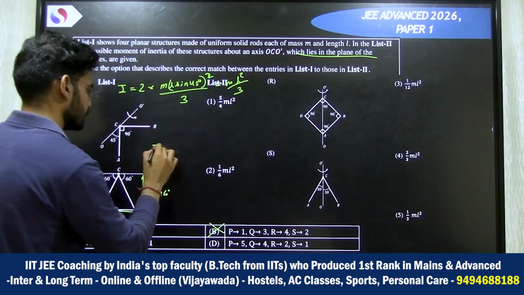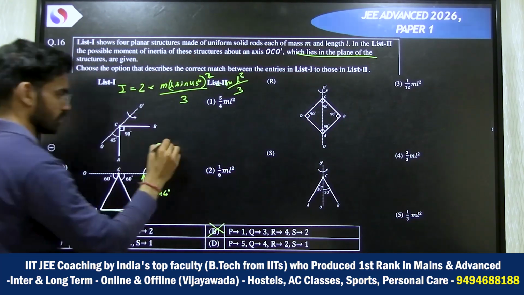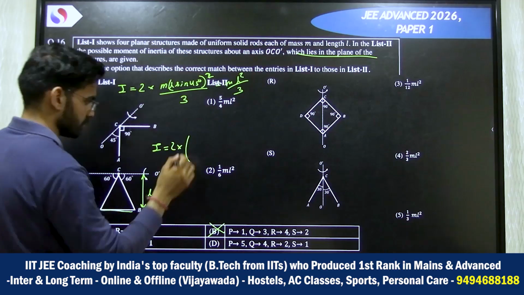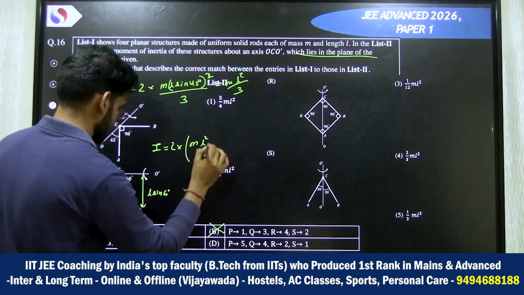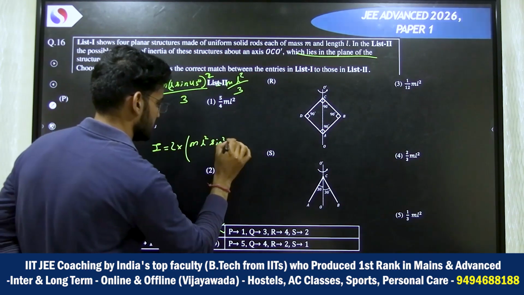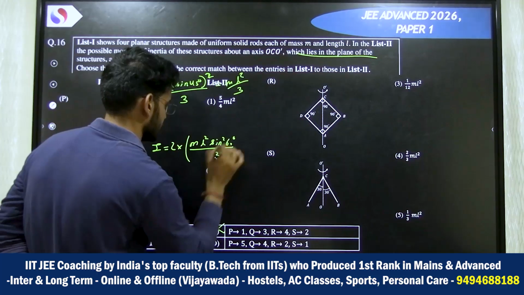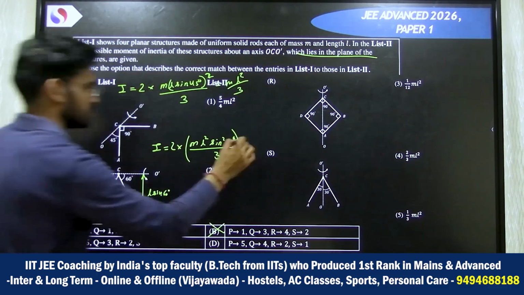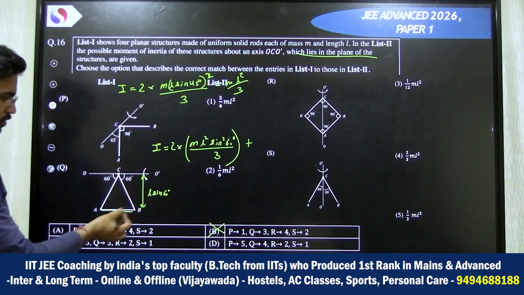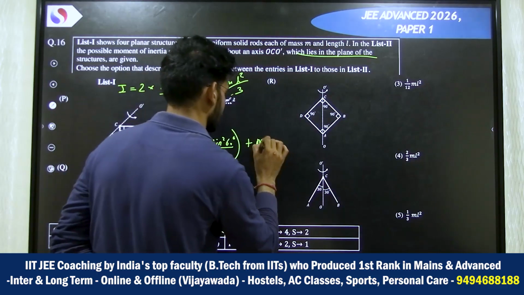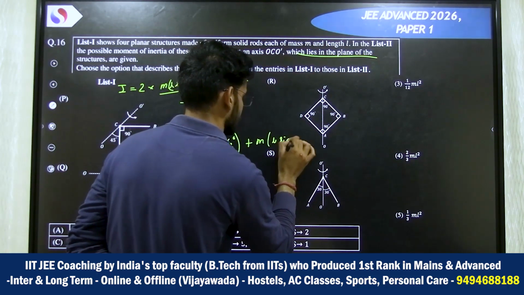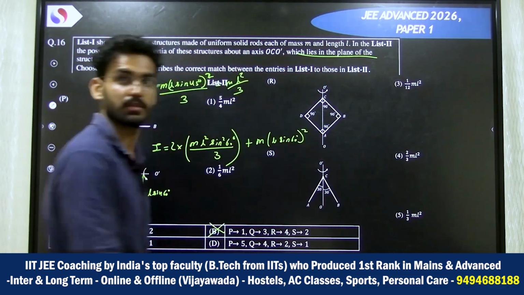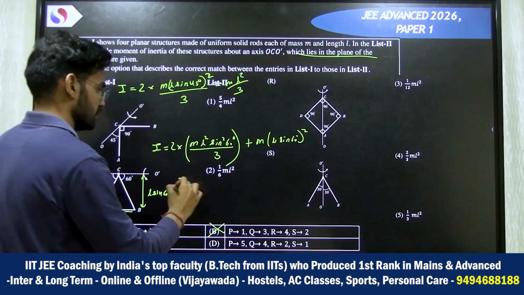So moment of inertia: I equals, for these two rods, 2 times mL square sine square 60 by 3. These are two rods, plus the whole mass at L sine 60 distance, so m L sine 60 squared, right?